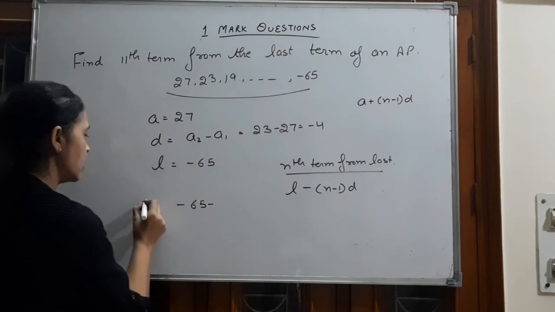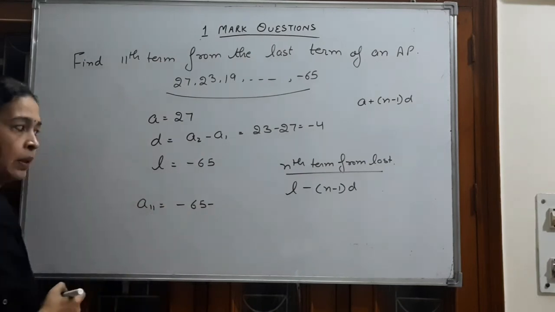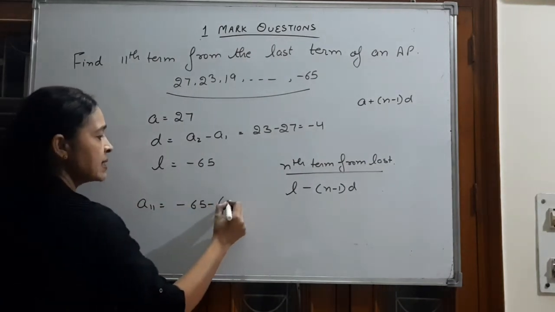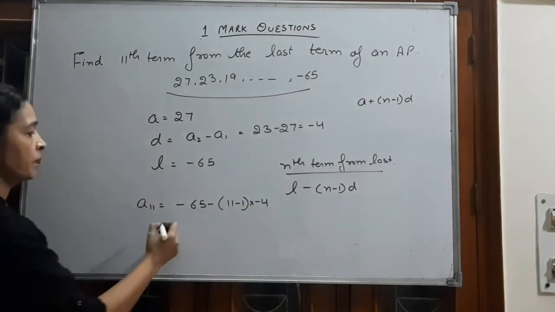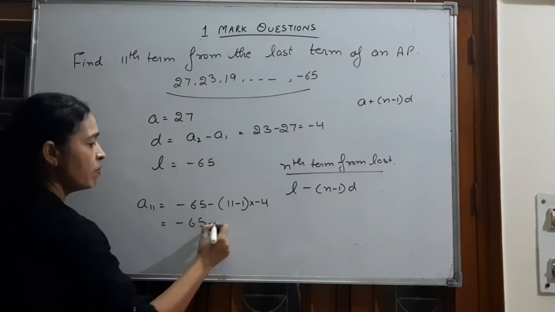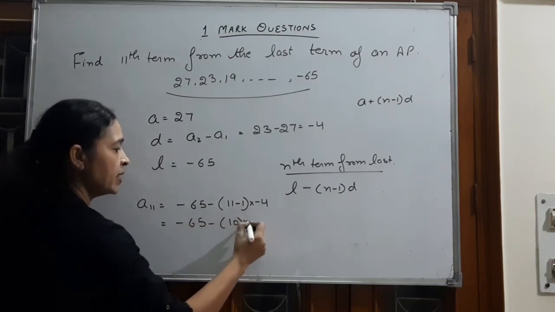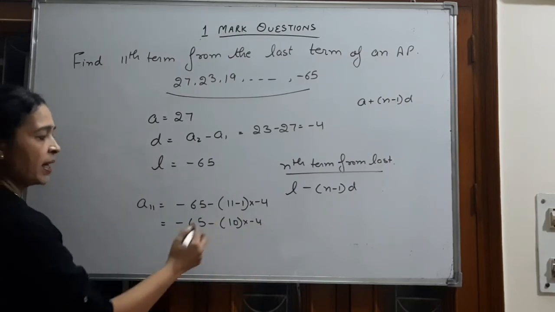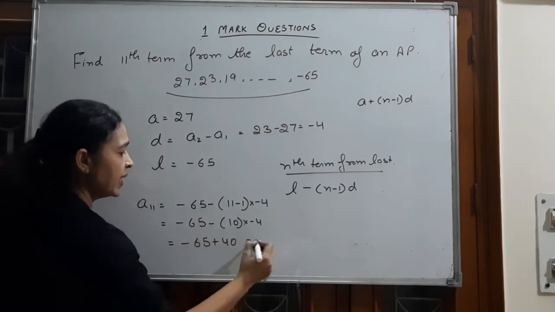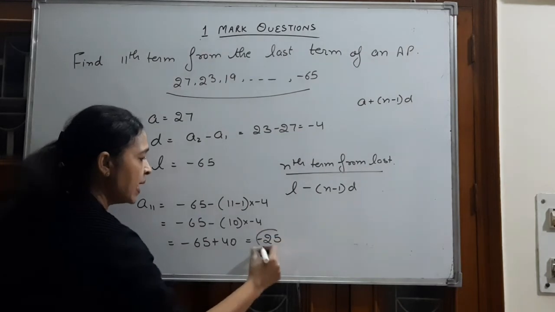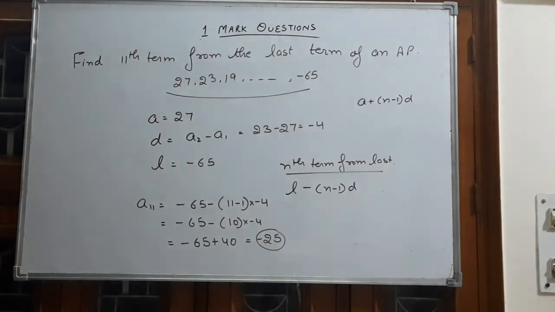Minus 65 minus 11 minus 1 into D, which is minus 4. Minus 65 minus 10 into minus 4, that is minus 65 plus 40. What do we get? Minus 25 is the 11th term from the last.